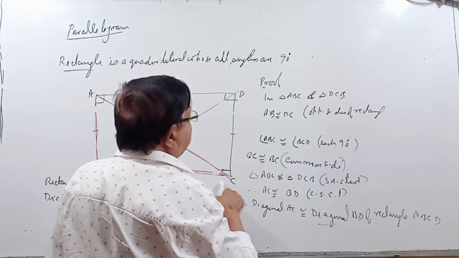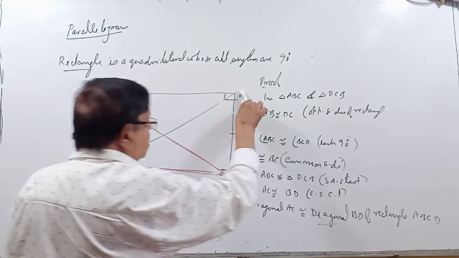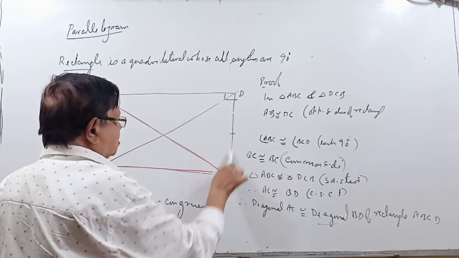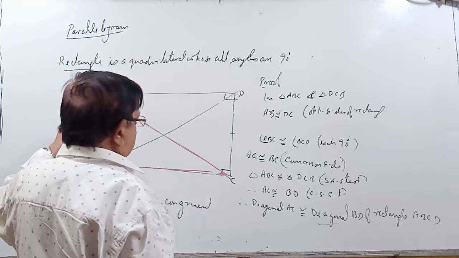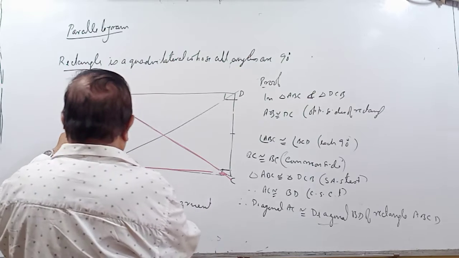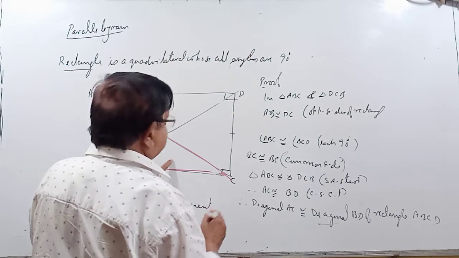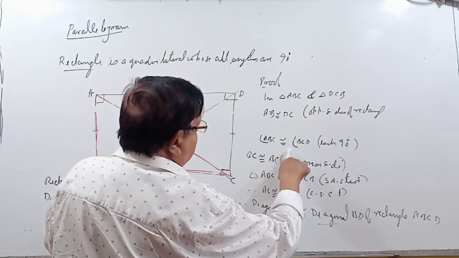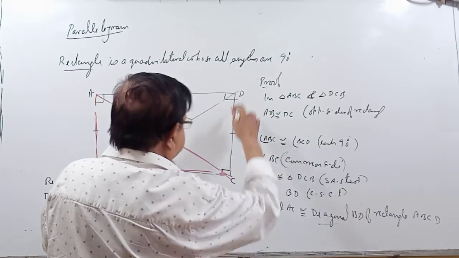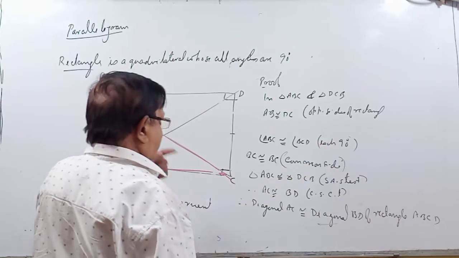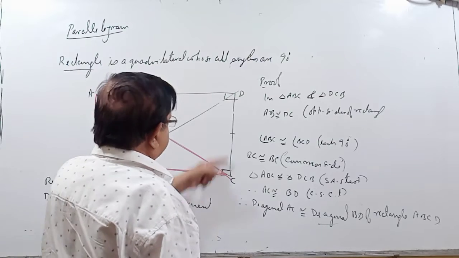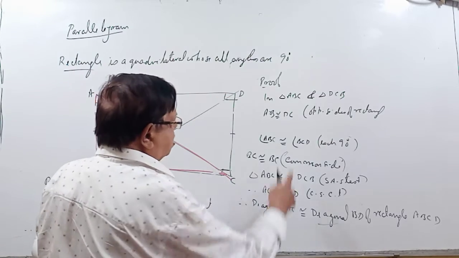In triangle ABC and triangle DCB, AB congruent to DC, opposite sides of the rectangle, angle ABC congruent to angle BCD, each 90 degrees. BCD बोलो, DCB बोलो, वो एक ही तो है.